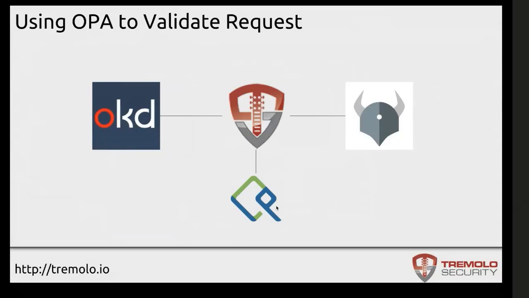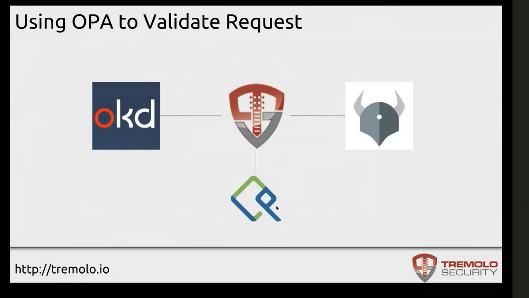One of the things OpenUnison does is it's a reverse proxy, and it gives you the opportunity to manipulate a request as it goes downstream. So we injected OpenUnison between OKD and OPA, and what that allowed us to do was pull in information about the user. If the user was submitting a deployment, it could pull the information out of the namespace annotations as to who the user is. It could also pull additional group information and attributes out of FreeIPA.